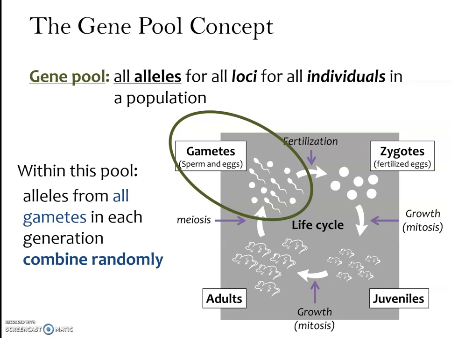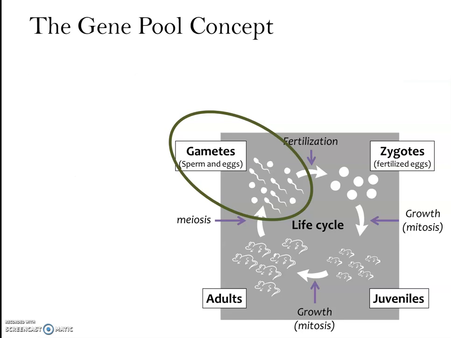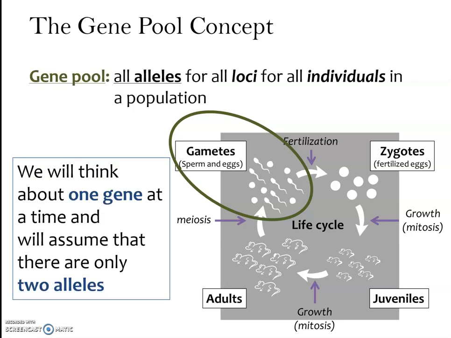Any gamete has an equal likelihood of fusing with any other gamete. So this is just like reaching into your bag of equally sized, equally textured beads, grabbing two. The one you grab first has no bearing on what you grab second. Okay, so random fertilization. And we've talked about this before when we talked about meiosis. All right, and in our gene pool, for our purposes, we're just going to ever think about one gene with two alleles.